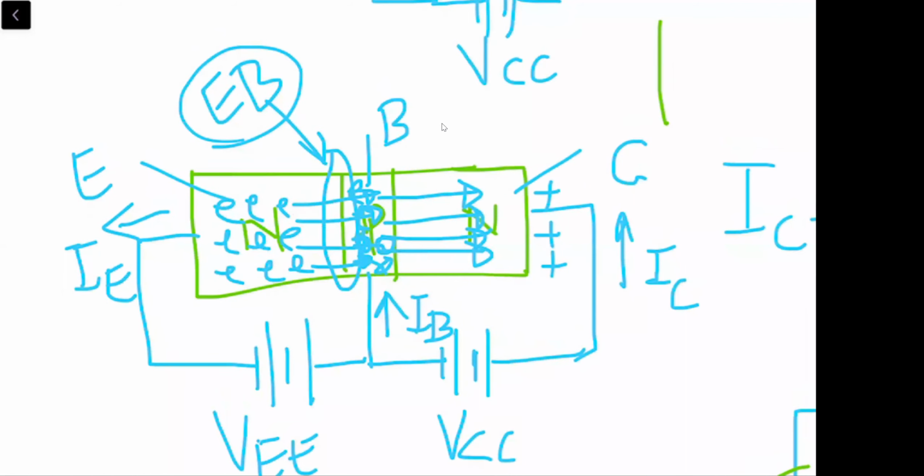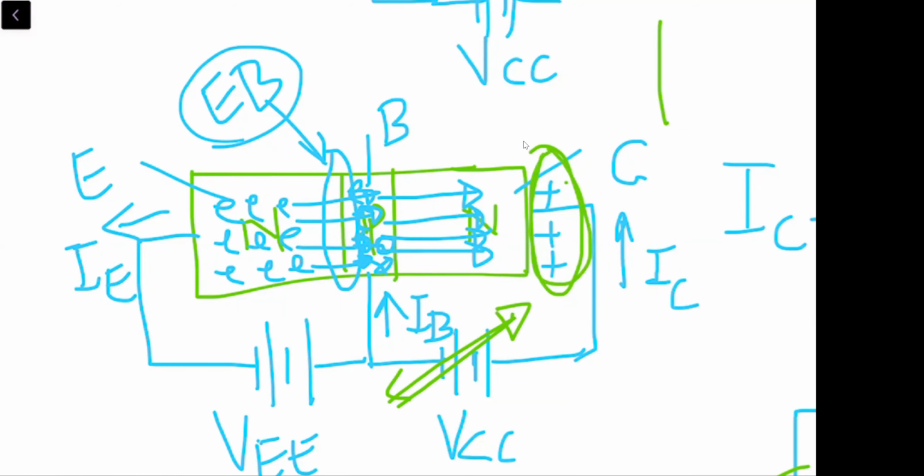So whatever majority carriers are being emitted by the emitter are being collected by the collector, right? But if I change this value VCC such that this positive potential is no more positive over here, right?